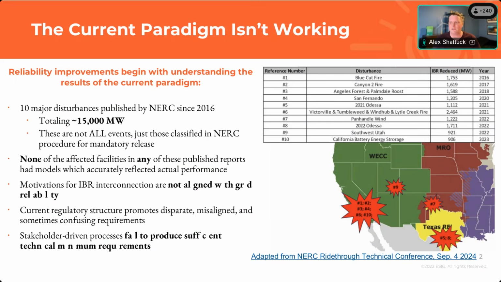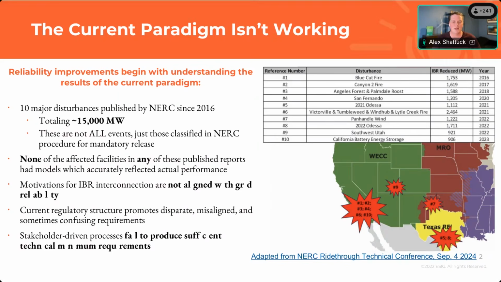The other key thing, before I move on, for these major events is that the reason why these are major events is because they weren't expected. And the reason why they weren't expected is because the planning studies, for these contingencies, did not show these inverter-based resource performance issues.